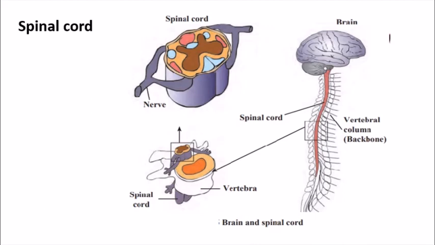So all these structures, the nerves, extend to each and every part of our body. Now the spinal cord helps in conduction of impulses from the skin towards the brain. It also helps in conduction of impulses from the brain to the muscles and glands, and it also functions as the center of coordination of our reflex action.